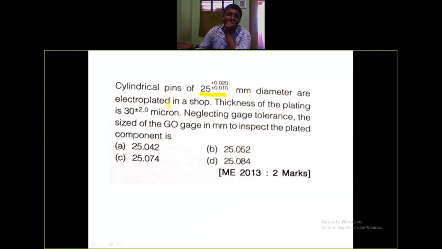This pin is electroplated and the thickness of the plating is given as 30 plus minus 2.0. Suppose this is the cylindrical pin. What will be the maximum dimension? It will be 25.020.